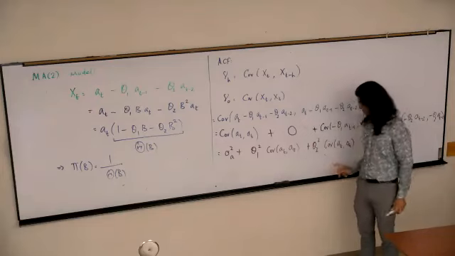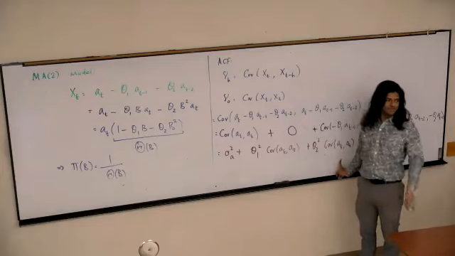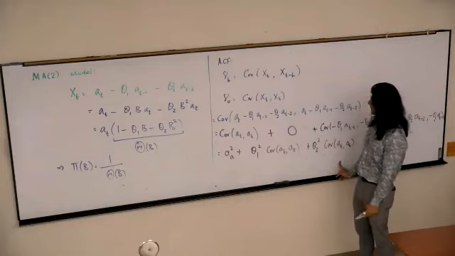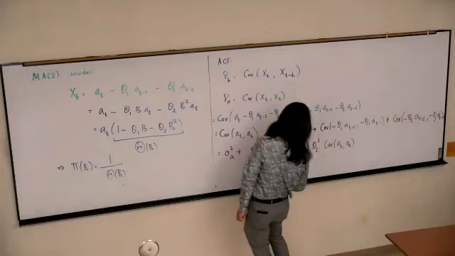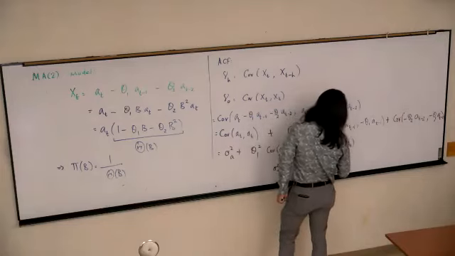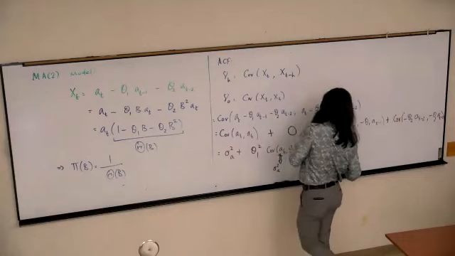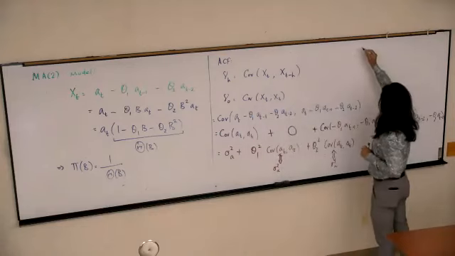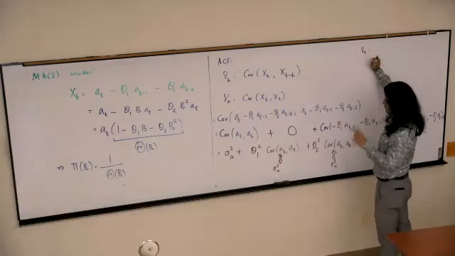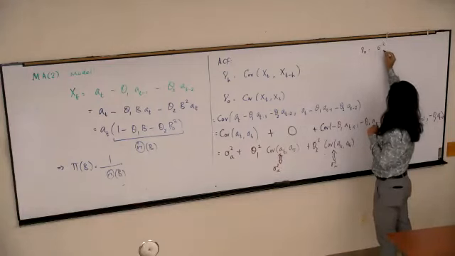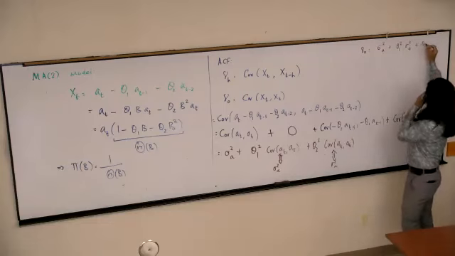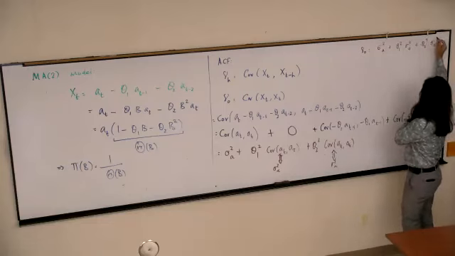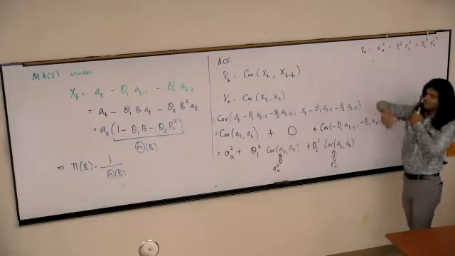We know already what those two are: sigma squared sub A. So gamma naught is sigma squared A plus theta 1 squared sigma squared A plus theta 2 squared sigma squared A. What do we have in common?